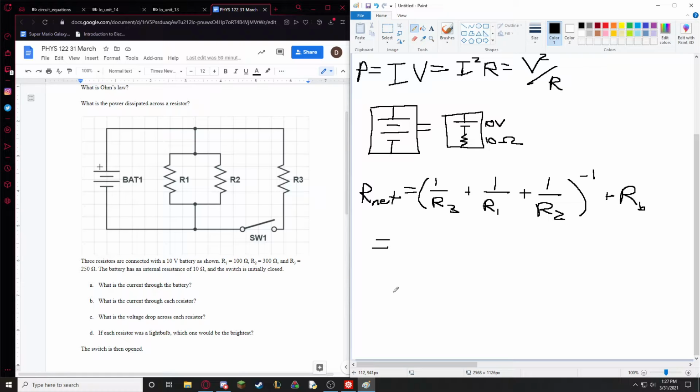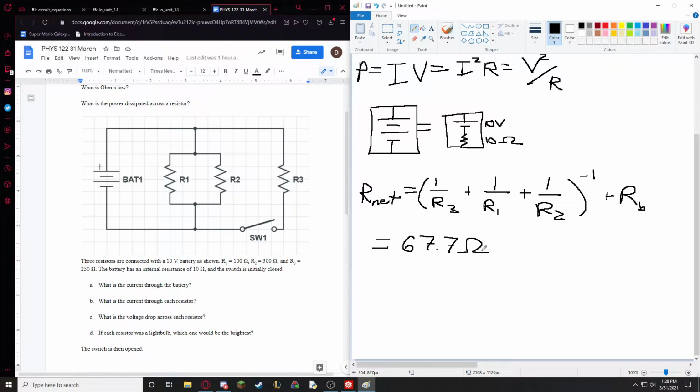Did anyone get a value of about 67.7 ohms? We did 1 over 100 plus 1 over 300 plus 1 over 250 to the negative 1. Then we added our 10 ohms for the internal resistance of our battery. We get a total resistance of about 68 ohms.